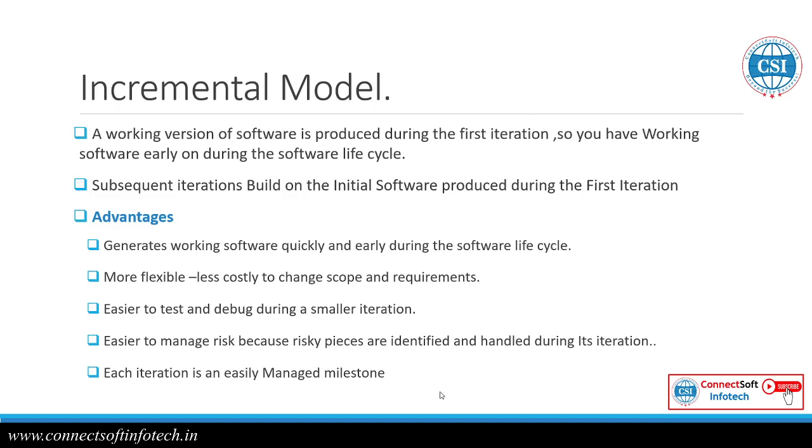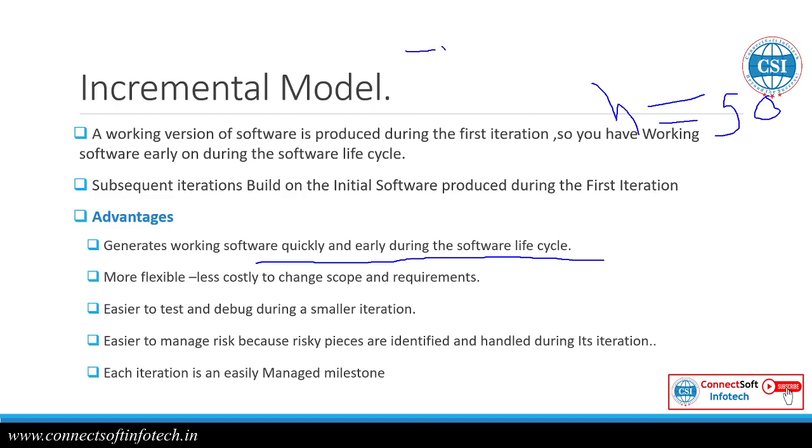So what are the advantages here? It generates working software quickly, early in the life cycle. Suppose we use 50 iterations to develop our entire application using the incremental model.